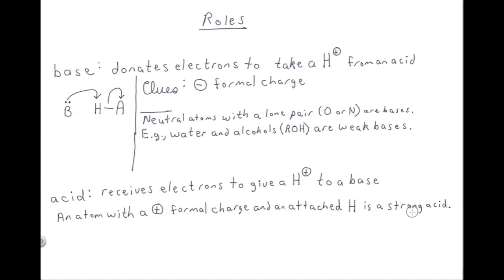That is, an atom with a positive formal charge is usually very eager to give away a proton. Another way to think about it is strong means reactive, and weak means less reactive. So a strong acid is very reactive, very eager to give away a proton. A weak base is not that reactive. It can take a proton, but it's not that eager to do so.